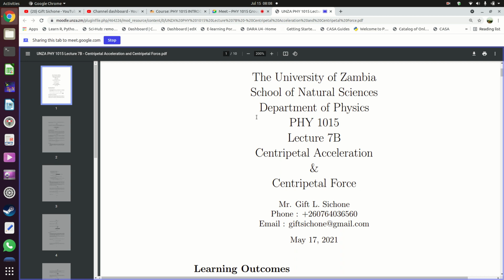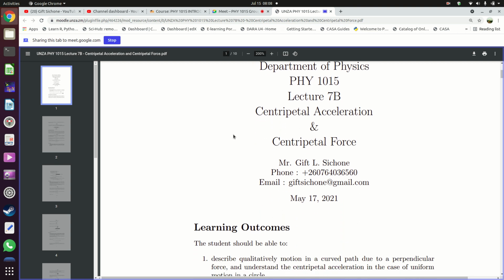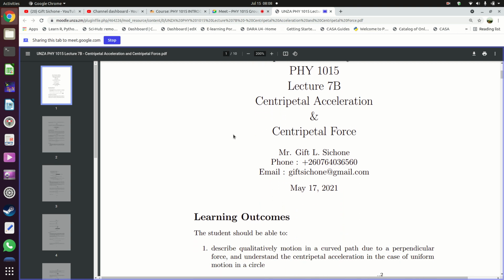The magnitude can remain the same. Are we clear? The magnitude can remain the same, but if, for example, you are moving with a velocity of 10 meters per second, and this does not change, it stays 10 meters per second, but the direction of the velocity vector changes, then it means that you're no longer talking about the same velocity, because velocity is a vector.